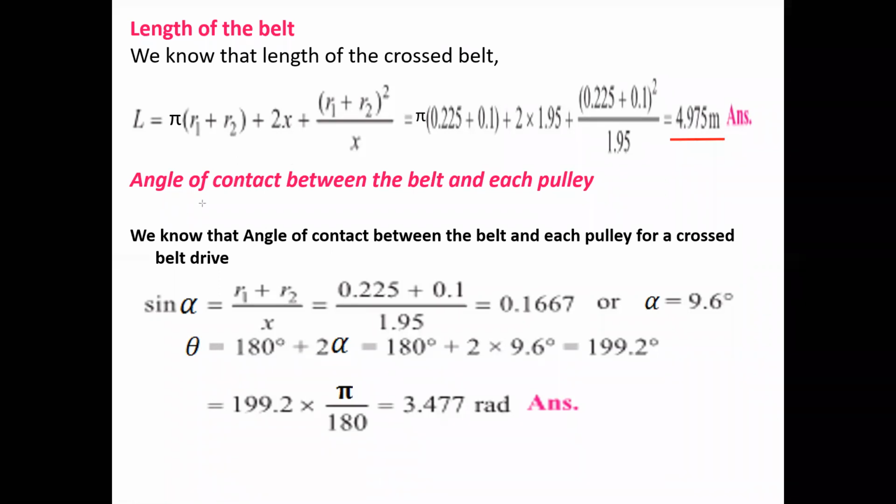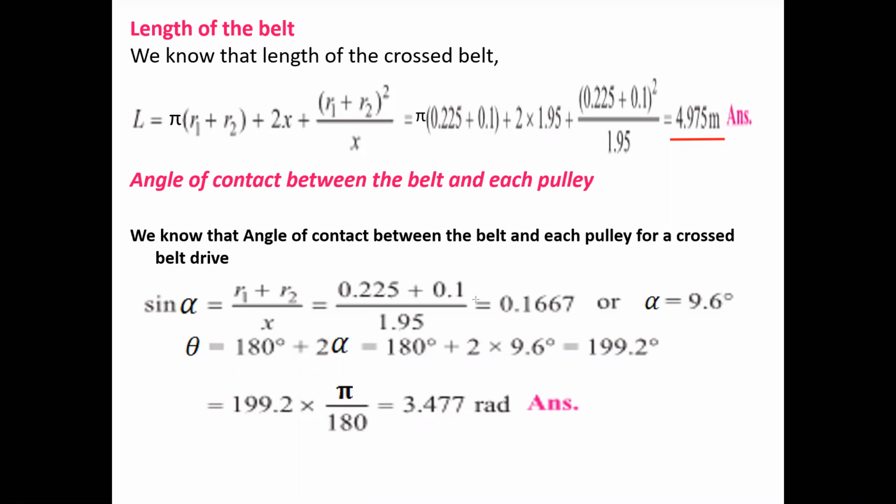Now we find the angle of contact between the belt and each pulley. The angle of contact or lap for the crossed belt drive, as we have already seen, is 180 plus 2 alpha. Before finding this value, we need alpha. For the crossed belt drive, sin alpha equals (R1 plus R2) by x.